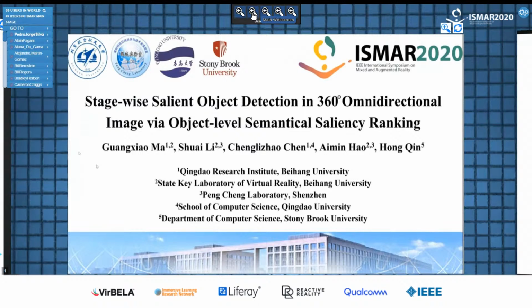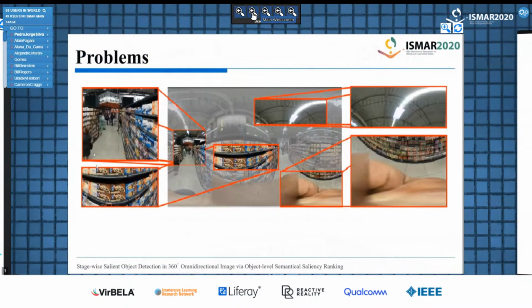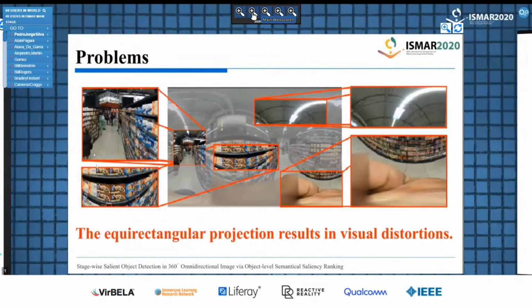However, there are few saliency detection methods for 360-degree images. What restricts 360-degree salient object detection? The first reason is visual deformation. The visual distortions usually result in a large feature gap between 360-degree images and 2D images, so traditional 2D saliency detection models can't handle these deformations.